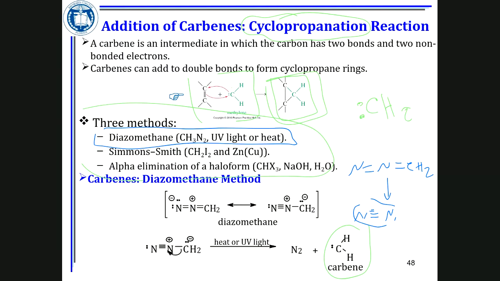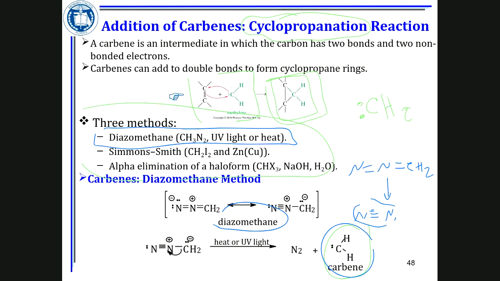So diazomethane can generate the carbene because N2 is going to be released in a highly exothermic reaction. When you have the carbene, the question is solved, because all you have to do is generate the carbene, and then the carbene with the CC double bond will give you cyclopropane.